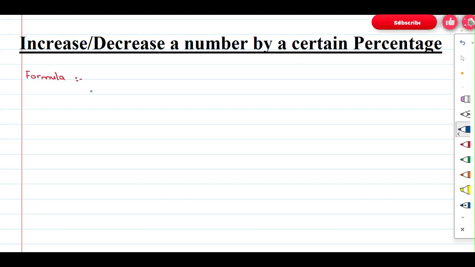So the formula is, if you have the old price, or you can say the original value, the old or the original value is going to multiply by 100 plus when increase, minus when decrease, some percent, divided by 100.